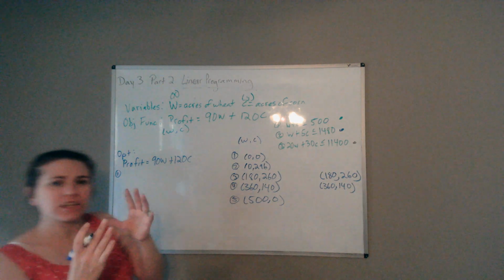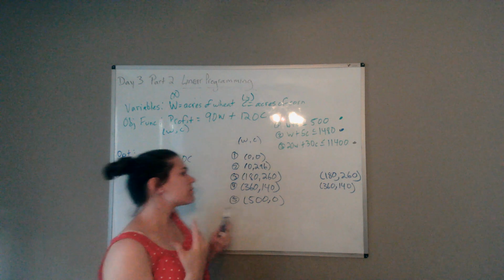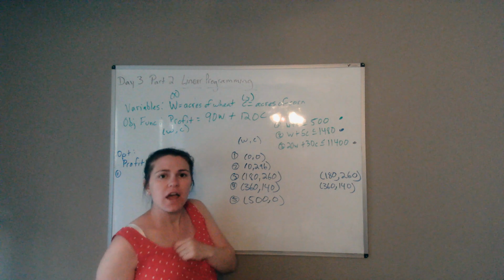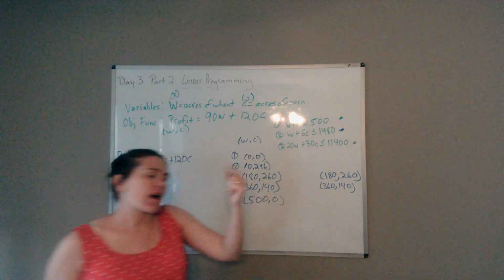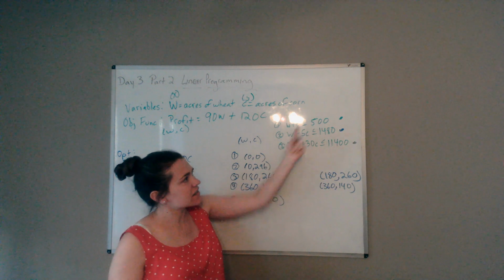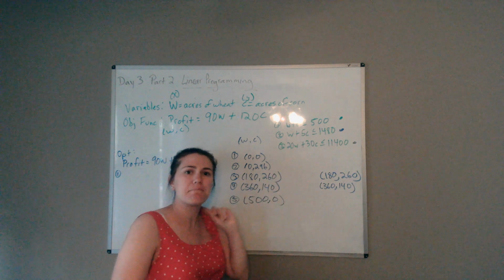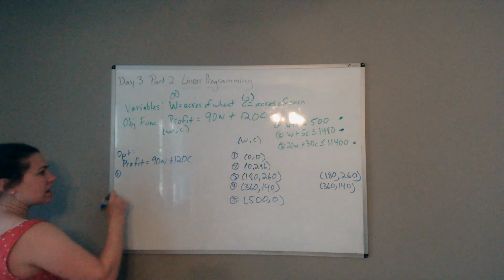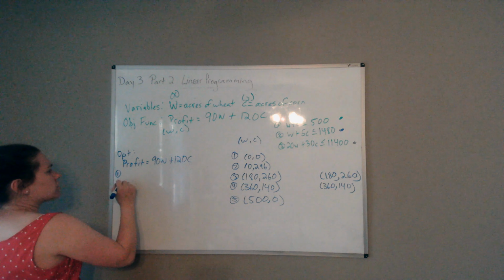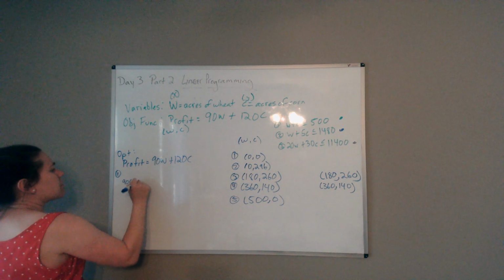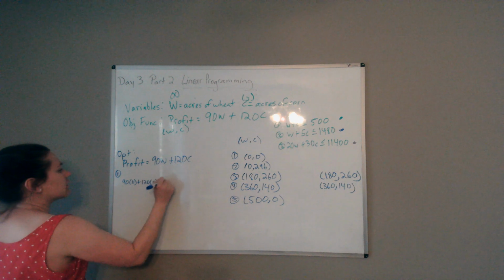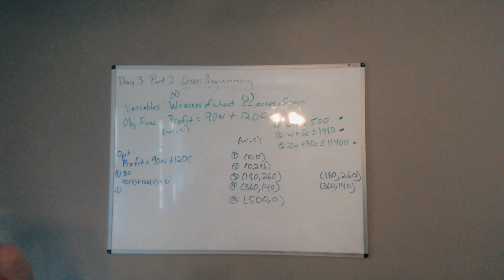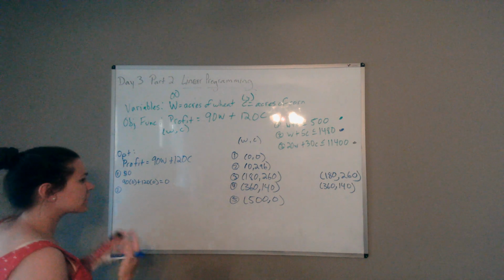So that feasible region you have are all of the possible acreages that satisfied our 3 constraints. However, you want the W and C that satisfies all of these, but at the same time maximizes the profit. And it always happens at a corner point. So we have to take these points and plug them in. So 90 times 0 plus 120 times 0 is going to give us 0. So the amount of profit we're going to make if we don't do any acres of wheat and any acres of corn is just going to be 0.